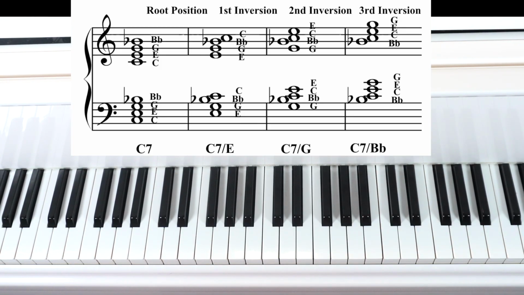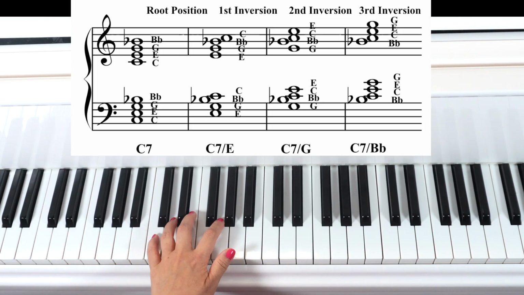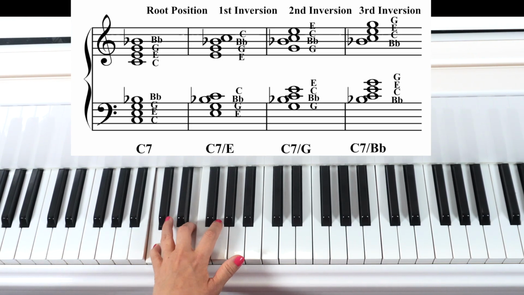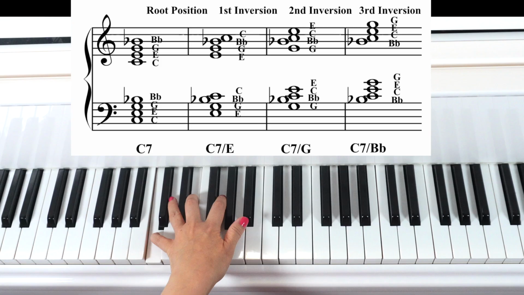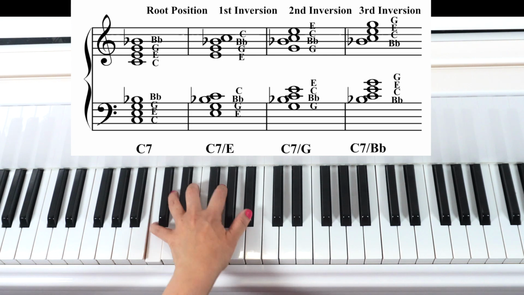Good. All right, so let's play with our left hand. So same thing, we find a C major chord, so C, E, G. Now we add in a minor seventh, so the B is a major seventh, B flat is a minor seventh. So this is root position of a C dominant seventh.